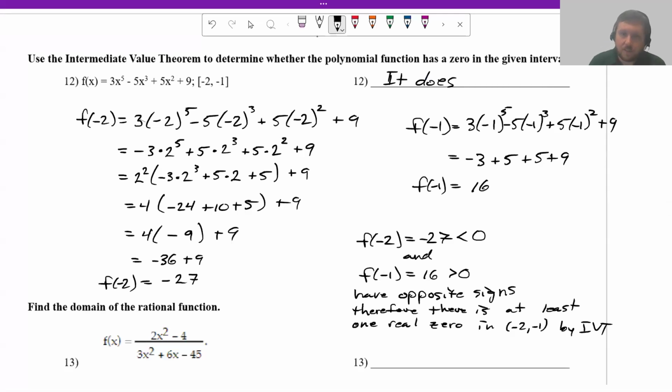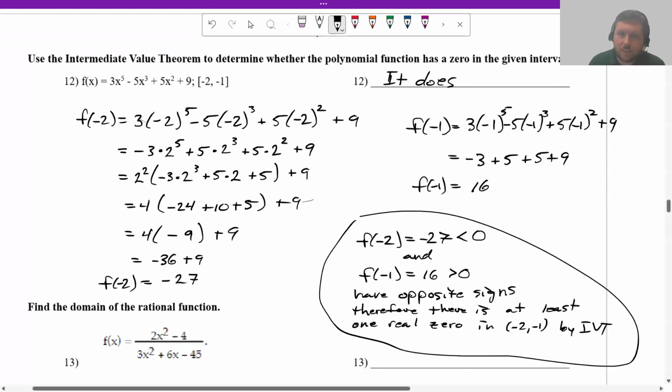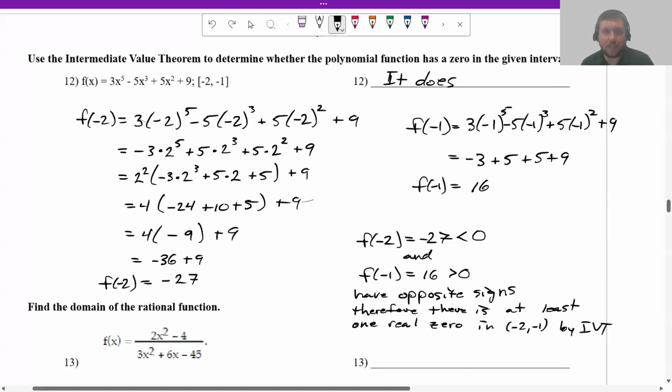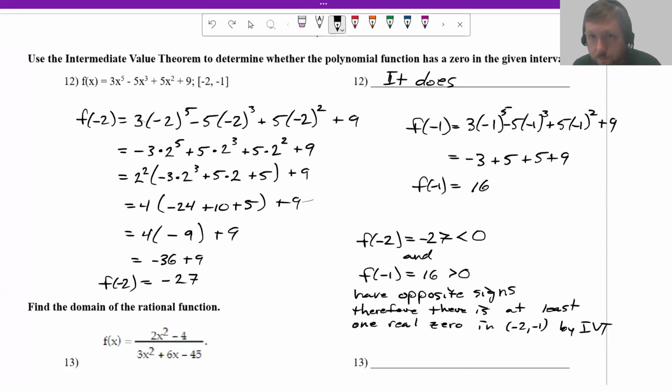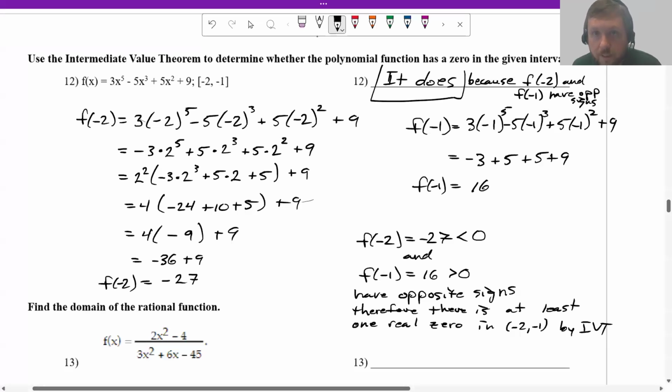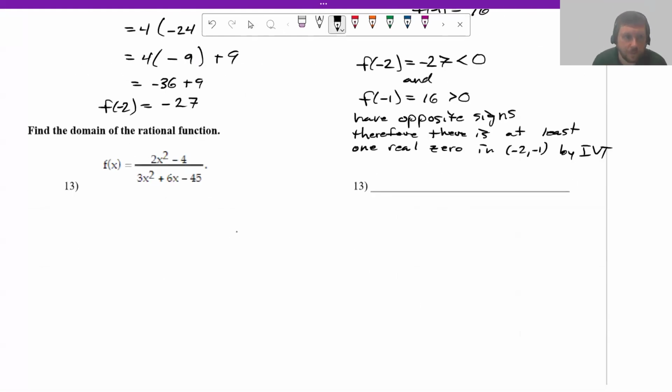Okay, and I wrote out the long answer right there. But the short answer is it does because they have opposite signs. Okay, but the main idea here is that it does. All right.